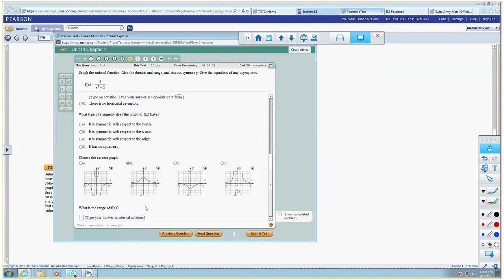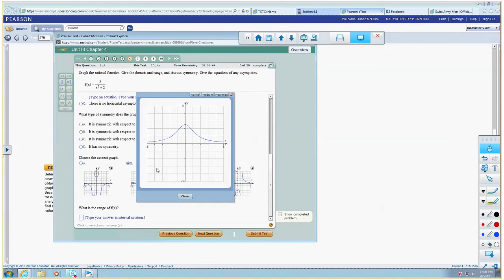What is the range, from not inclusive of 0 to what? I can't see, but we'll look. Somewhere around 2.5, 3 halves. Whatever you say, 0 to 3 halves.